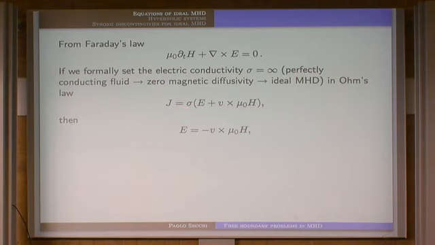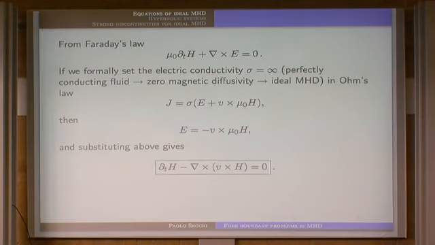We obtain the electric field from here, substitute, and obtain this final form of the equation for the magnetic field. Moreover, we require that the magnetic field is solenoidal, so the divergence is zero. It is another equation that we have to add.